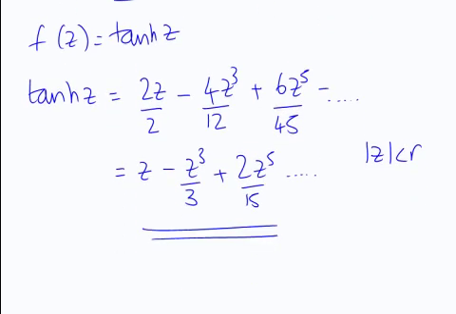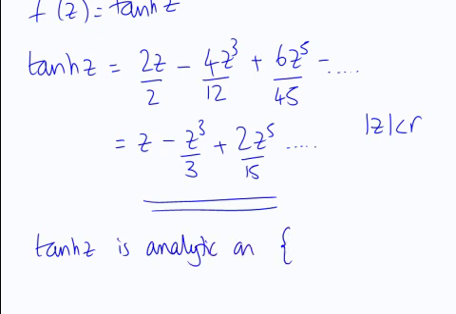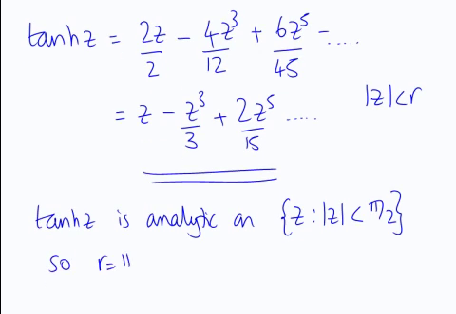In this case we are in a position to state a suitable value of r, because we know that tanh of z is analytic on the set of z such that the modulus of z is less than pi by 2. So I can take little r to be pi by 2 here, and then the series that we found is valid for the modulus of z less than pi by 2.